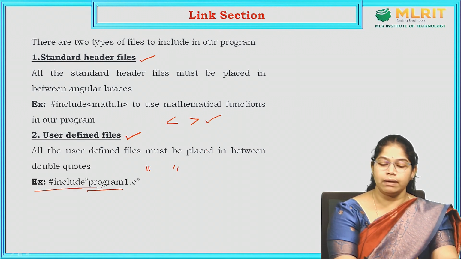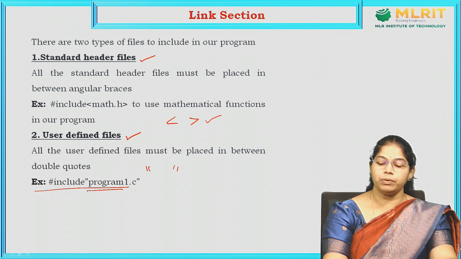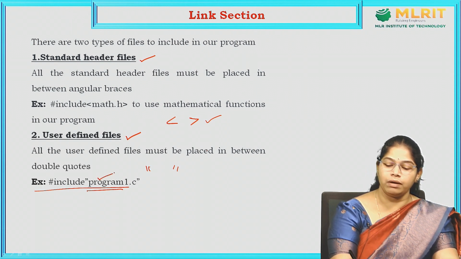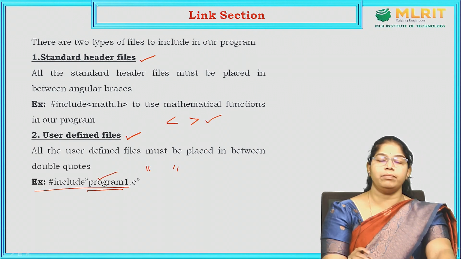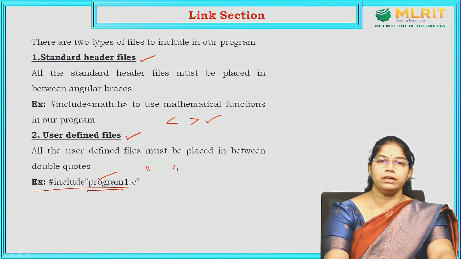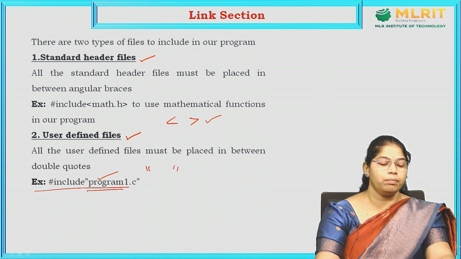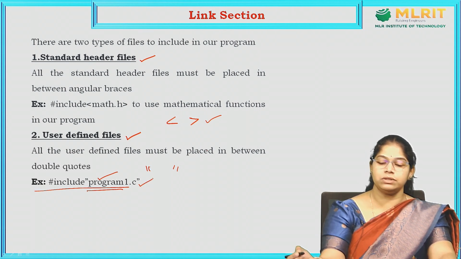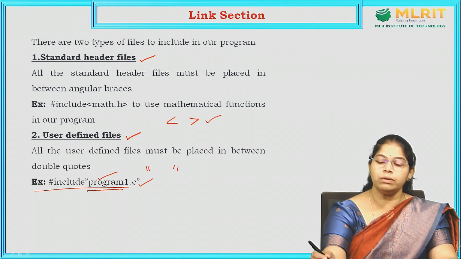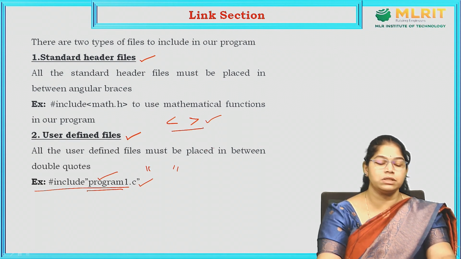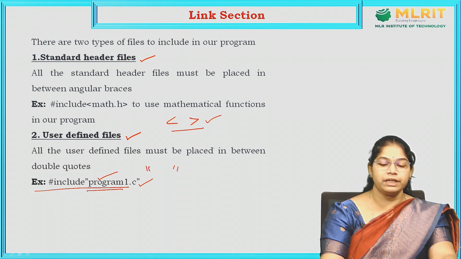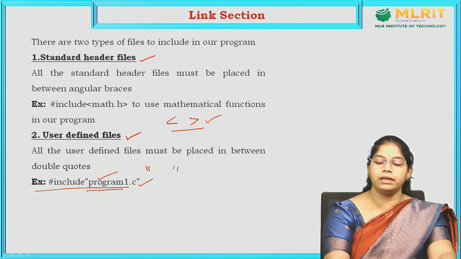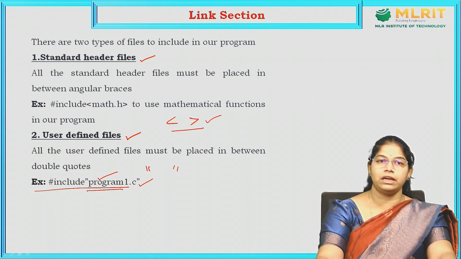Coming to this example, hash include program1.c, where program1 is the file created by me. So I am including this header file in my program. This comes under user defined, and whatever we include in the angular braces are predefined, or standard, header files. Their meaning is already defined in the C libraries.